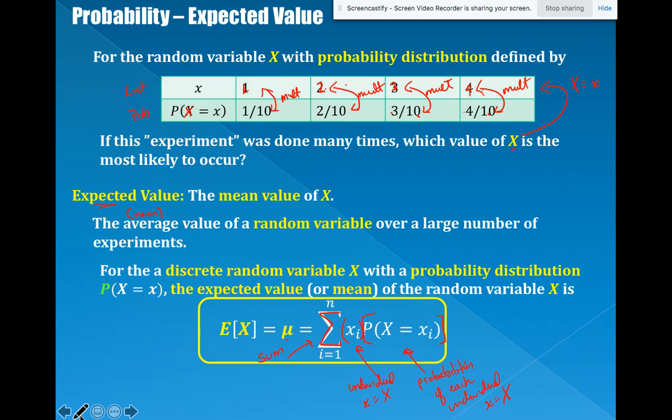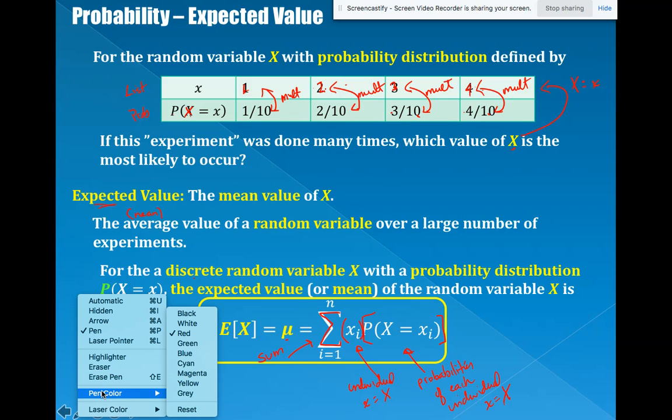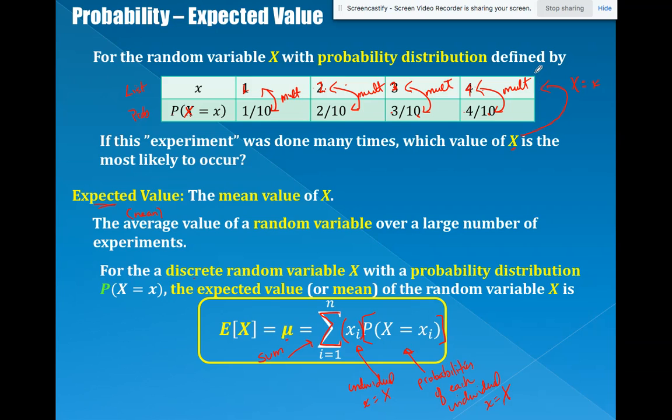Then sum. Sum all of those products. That's all this says. Sum the products. NBD. So what do I get when I do that?